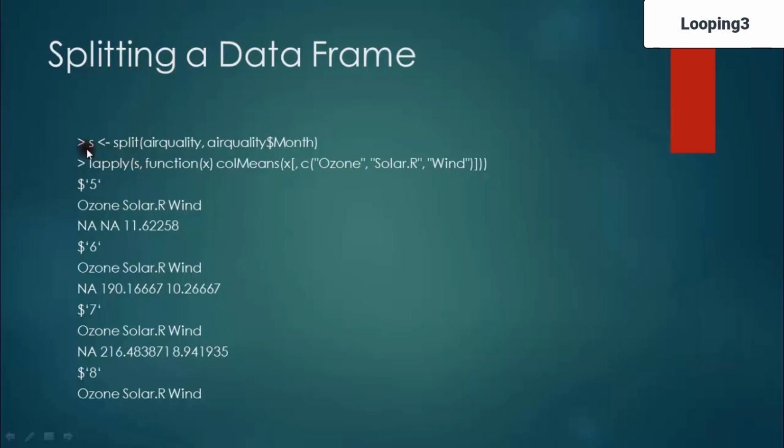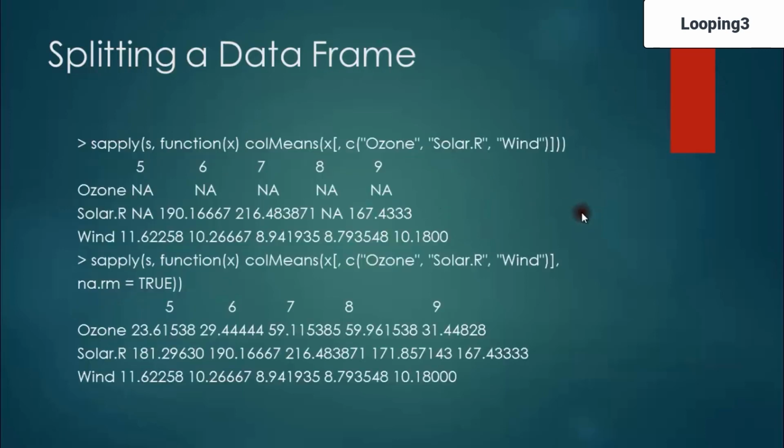Now if I use lapply of s, function of x, and I calculate colMeans of x in that function, x of c of Ozone, Solar.R, Wind, you will get the same Ozone, Solar.R, Wind for each of the months. For example, for month 5 you'll get Ozone, Solar.R, Wind values, then for 6, for 7, etc. So this is how you split a data frame using the split function.